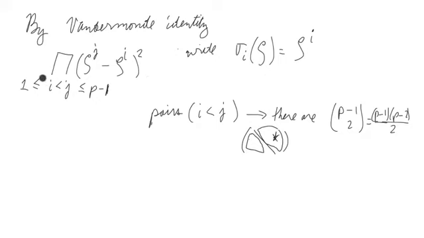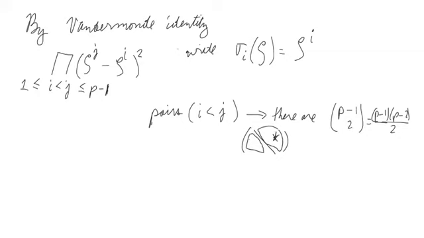Let's talk about how we can count pairs i less than j. This is simply just looking at the top part of an array where we have p minus 1 by p minus 1, and we go right above the diagonal, and this is just pairs of things that are distinct, and so it's p minus 1 choose 2, and we can calculate it this way.